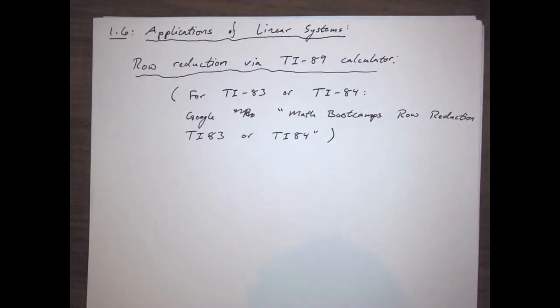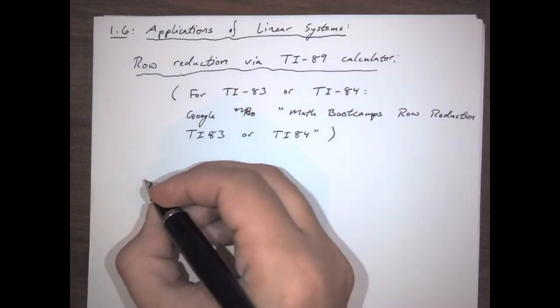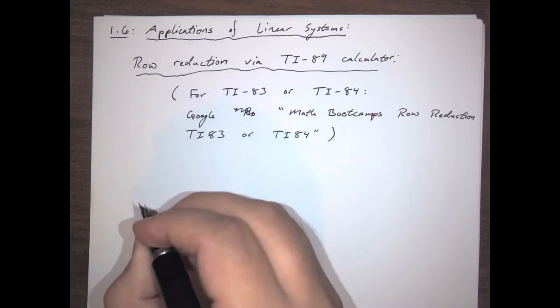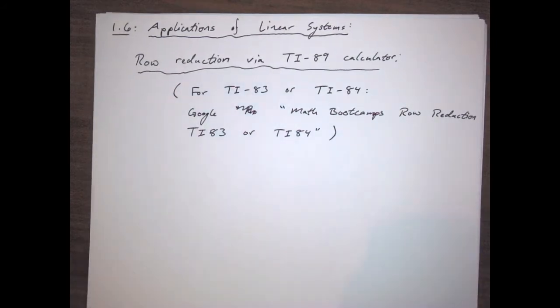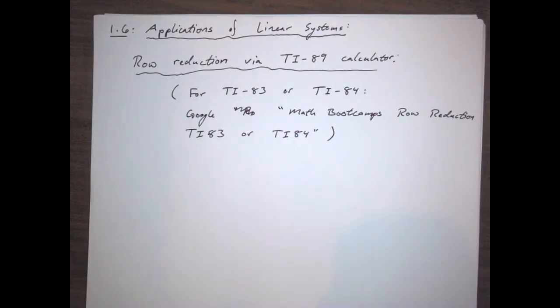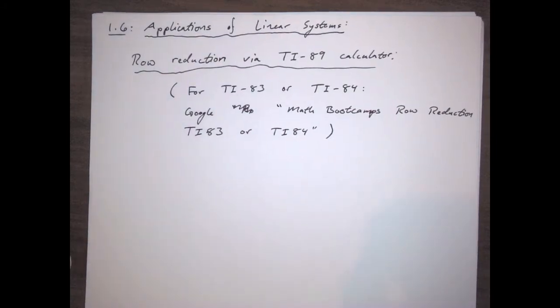For us though, what we're going to look at is a TI-89 style calculator. First off, let me give you some little tips on how to enter matrices. There are different ways of doing this, and if you look online, you'll probably get all sorts of different approaches. But here's what I think is the easiest way to enter a matrix on a TI-89 style calculator.